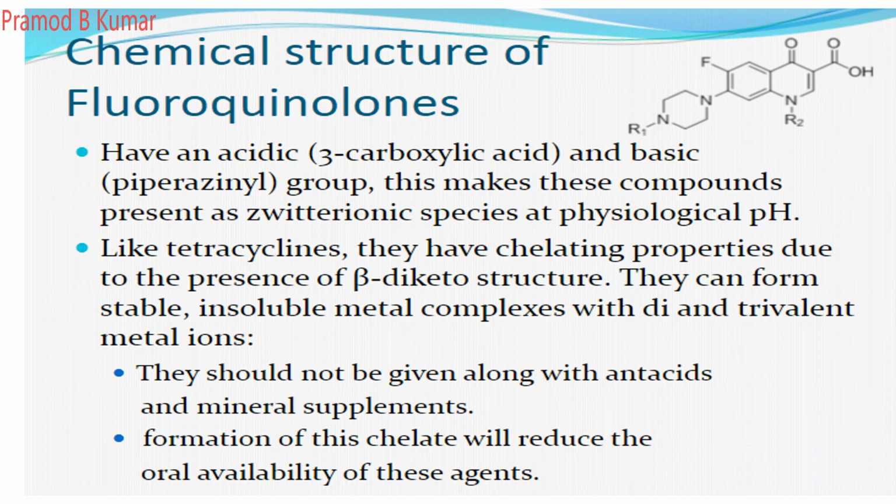Means they have both acidic as well as basic character in the structure. That's why they act as a zwitterion at physiological pH. The H from the carboxylic acid will form a salt with the piperazine, so it will always be present in zwitterion form.